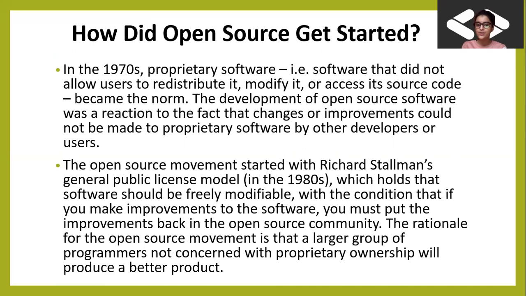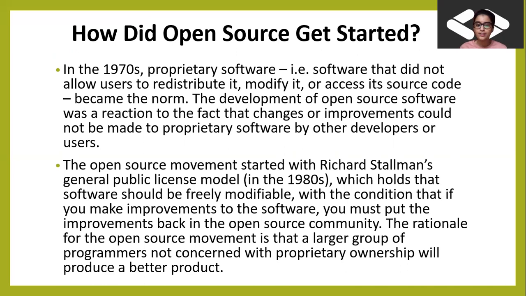And it holds that the software should be freely modifiable, with the condition that if you make an improvement to the software, you must put the improvement back in the open source community. So this was the basic idea behind the open source movement, that if you are making some sort of improvement, you must also give back to the open source community. And that's where it all started.